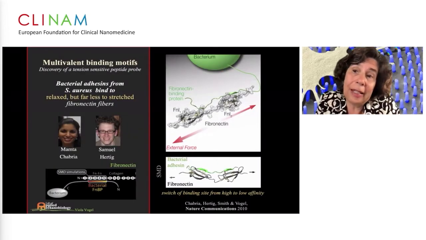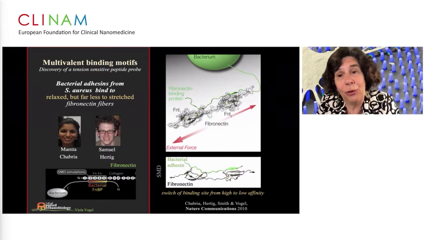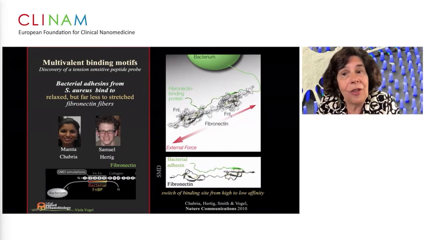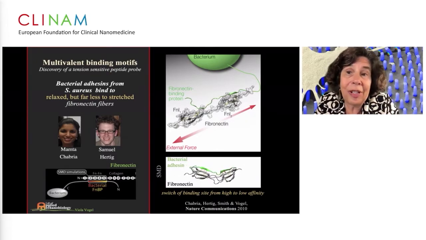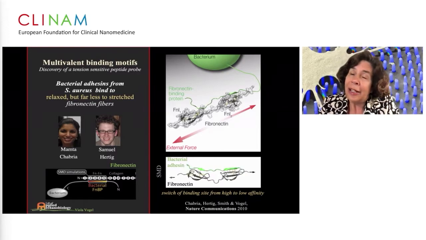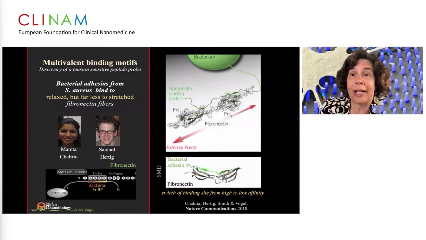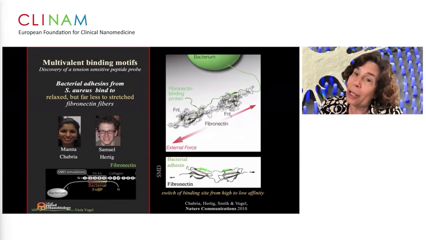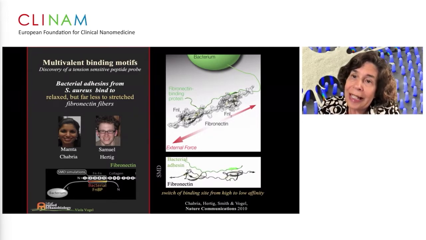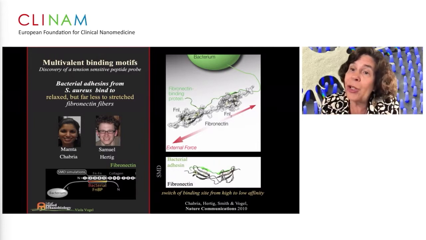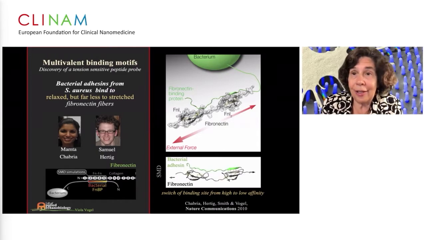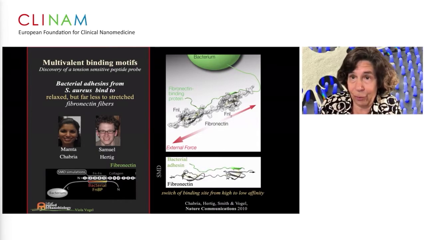So here we now take advantage of a beautiful observation we made about 10 years ago, initially again with steered molecular dynamics, where we found that the adhesins that bacteria utilize to bind to fibronectin fibers in wound sites recognize the relaxed structure, but not a stretched protein.